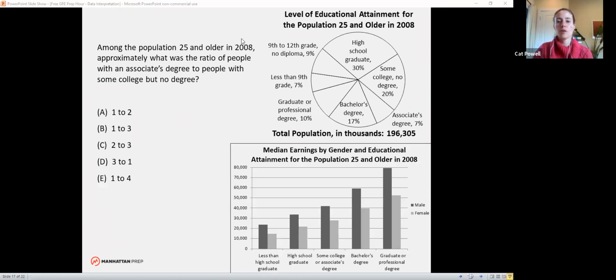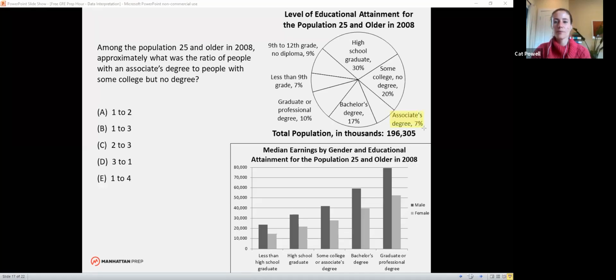So I'm going to look at my circle graph, because that tells me about how many people are in each of these categories. And I'm looking for associate's degree, which is here, to some college, no degree. Cool. And I note here I have percents, but I also have a total.